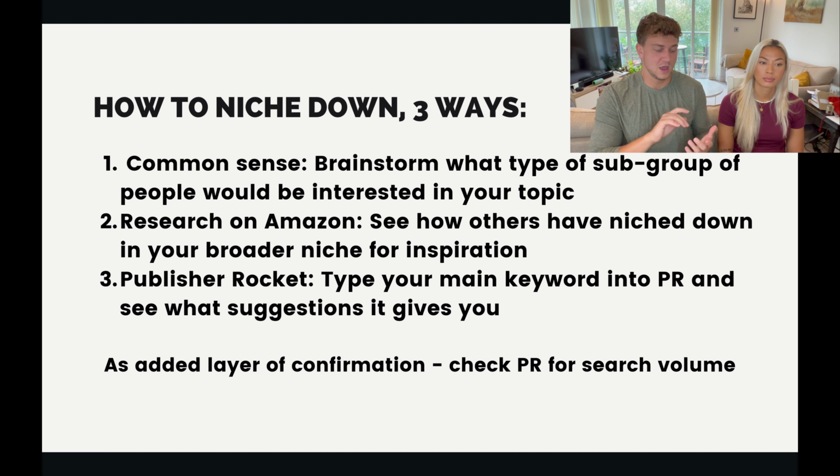For example, if you had meditation for men, meditation for women, meditation for seniors, and you weren't really sure which one to go for, you can go into Publisher Rocket, you can see the amount of search volume, and obviously you want to see which one has the highest search volume. The more it's being searched on Amazon every month, the more demand it has, and therefore hopefully the more sales you get from that particular niche.